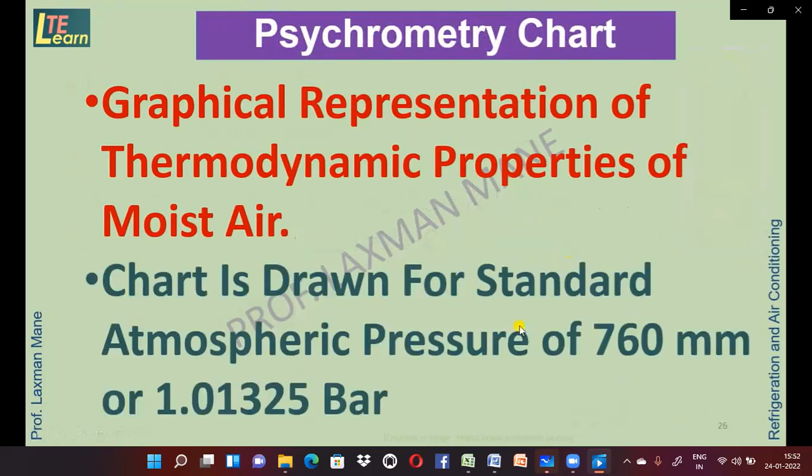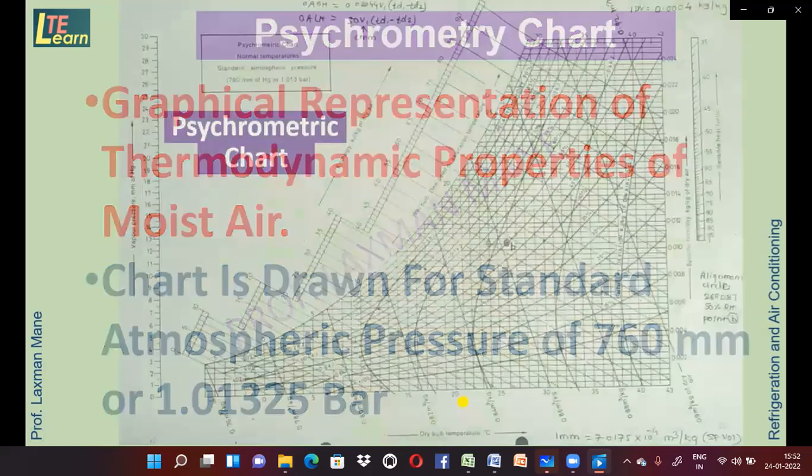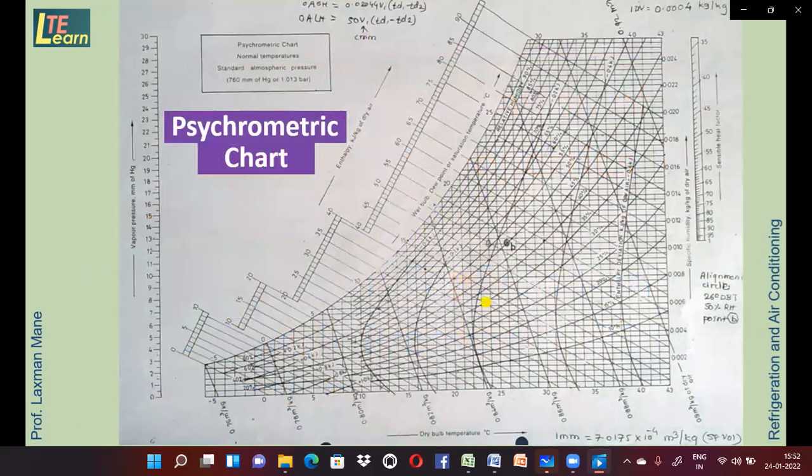Psychrometric chart is drawn for standard atmospheric pressure of 760 mm of Hg or 1.01325 bar. This is a psychrometric chart which contains different lines. In order to understand, let us take one point.